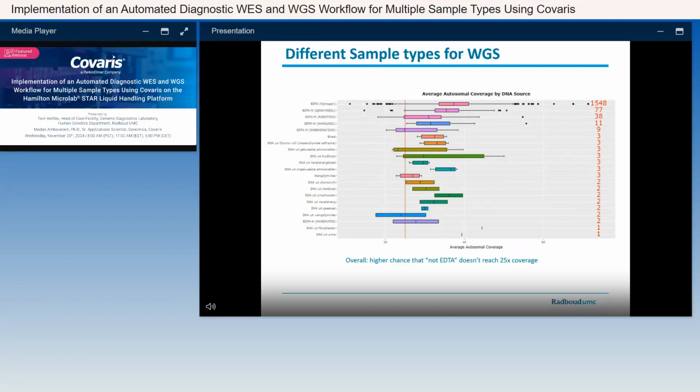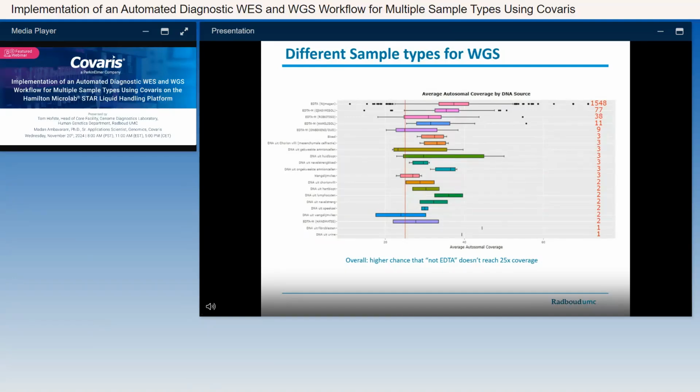You see here the average autosomal coverage, and you see that different materials drop below the 25x, the red line, and 25x coverage is what we aim for. When it's below, we cannot report. So for us there is a too high risk that it doesn't reach the 25x and that we need to repeat it. So at this time we decided, okay, this workflow can only be for EDTA at the moment based on the segmentation kit.